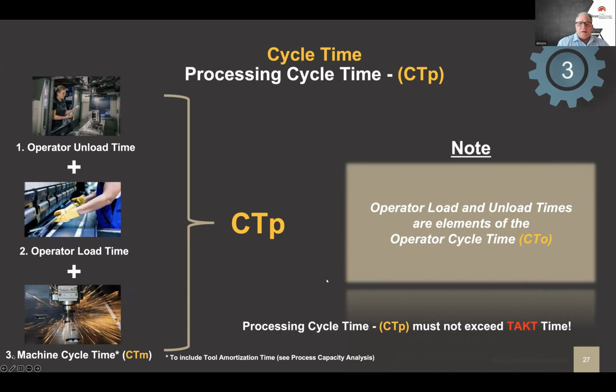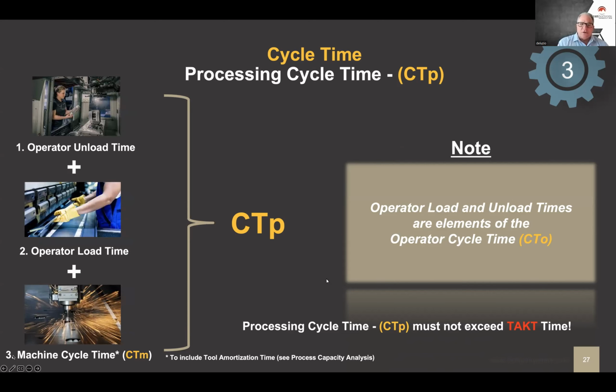And then last but not least, the processing cycle time is a combination of what it takes for the operator to unload and load a part, and then of course the machine cycle itself, what we just talked about. Okay. Now, why do we have to understand the unloading and loading time?